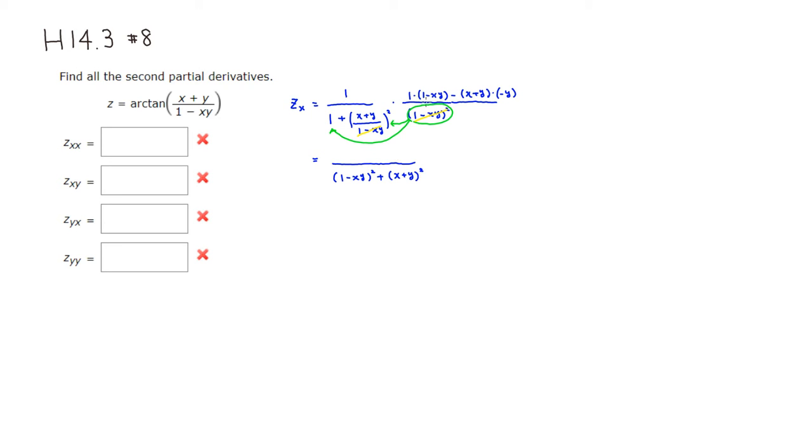And on top, we just have to clean up. So it's going to be a 1 minus xy, sorry, not x squared, xy, and that will take care of that guy.